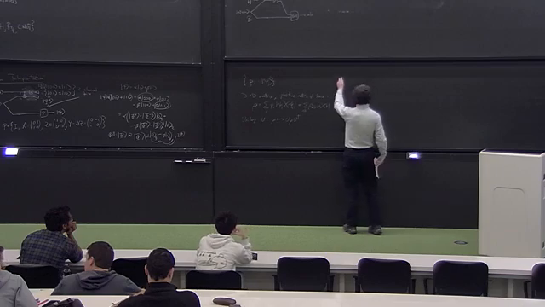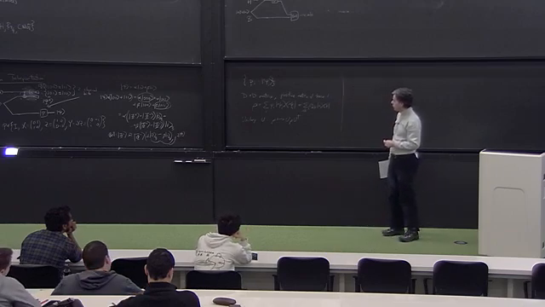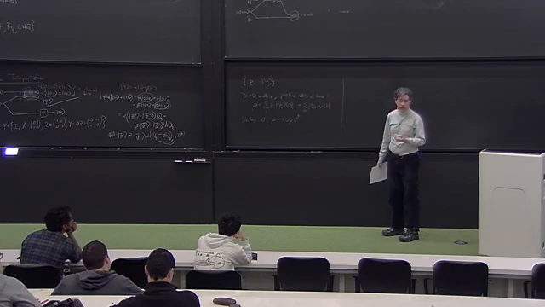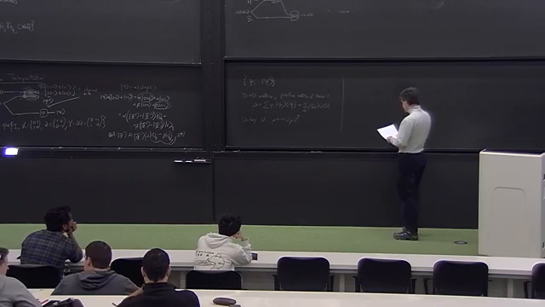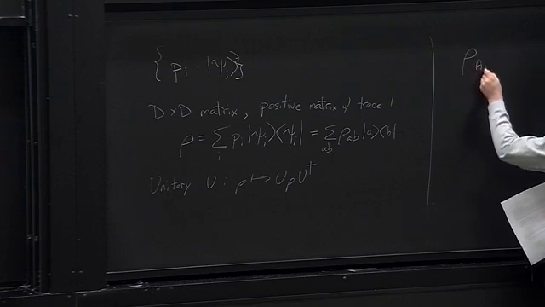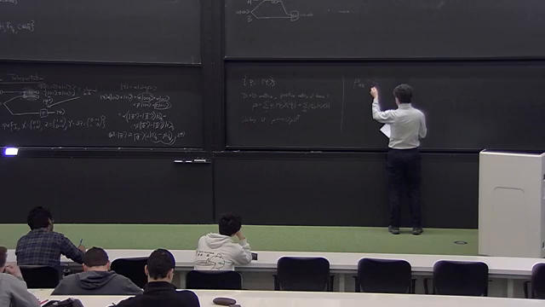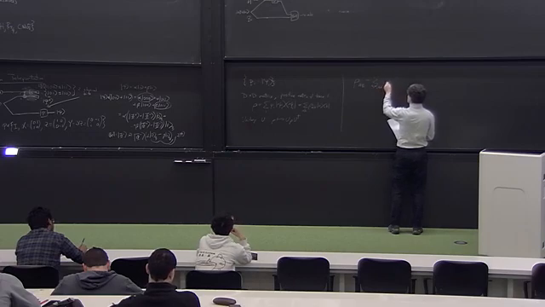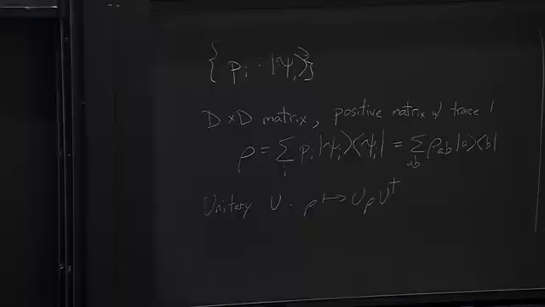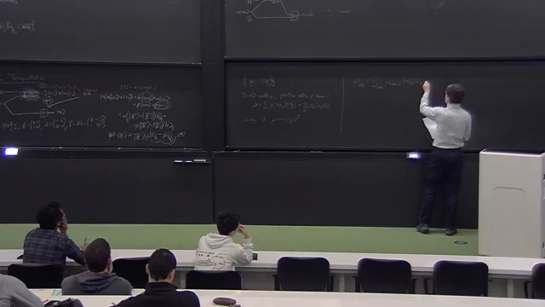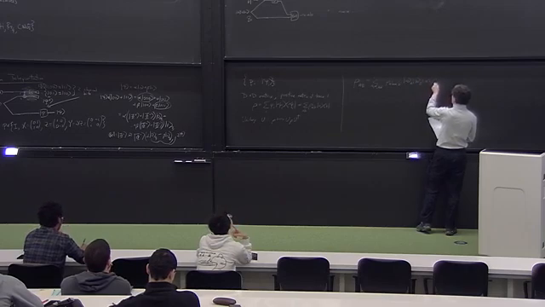OK. So what happens if we have a bipartite system? Well, if we have a bipartite system, rho AB, we could write that in terms of the tensor product basis, like this.